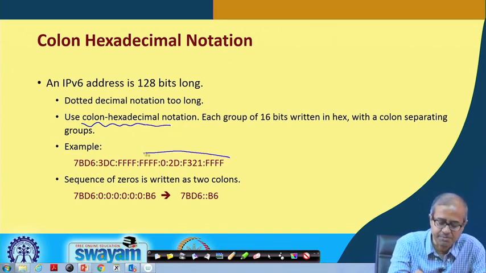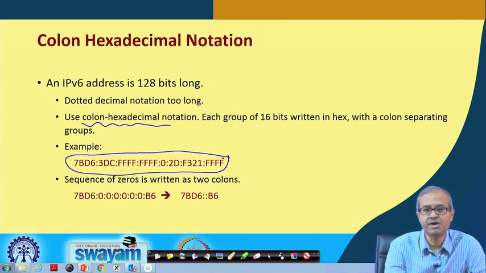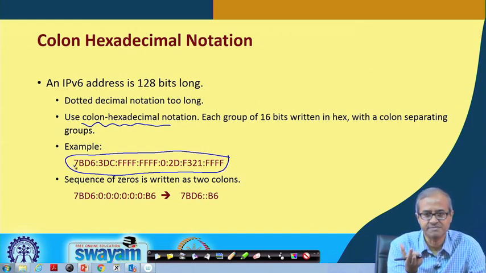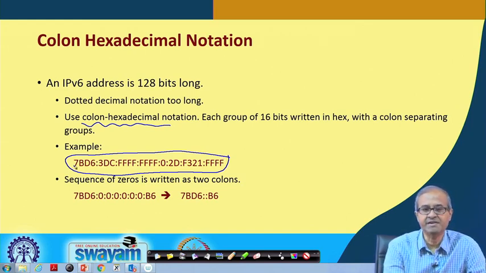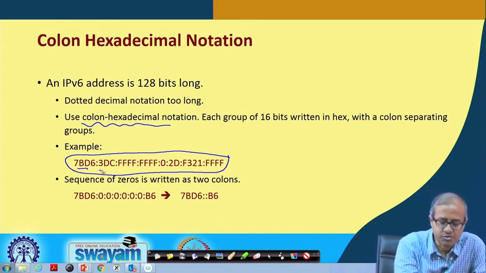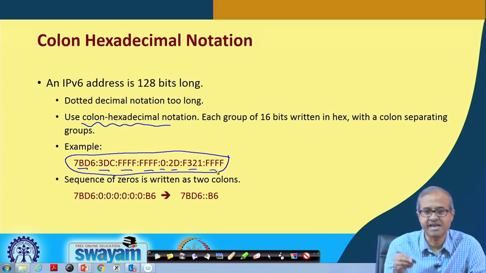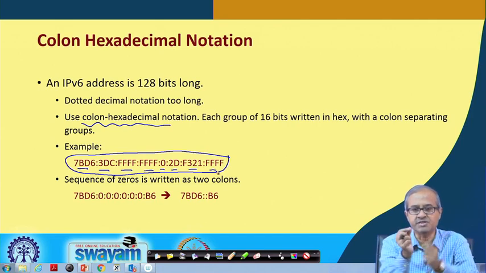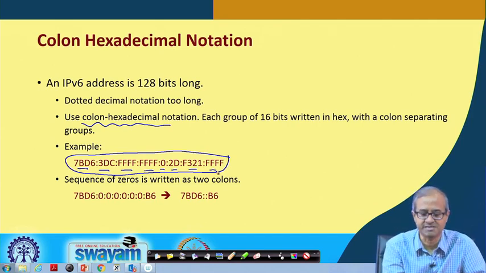Like you see, this is an example. Instead of decimal we are using hexadecimal, where each digit represents 4 bits. So, 128 divided by 4 is 32; I need 32 hexadecimal digits. Each entity between two colons represents 4 hexadecimal digits.